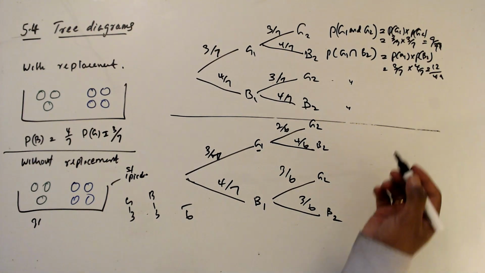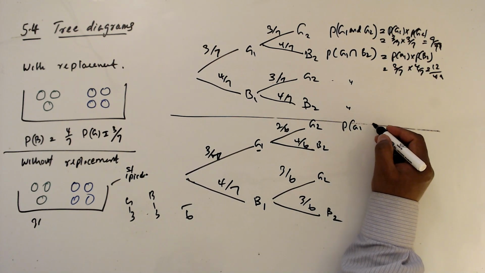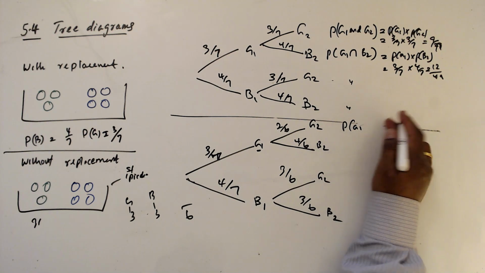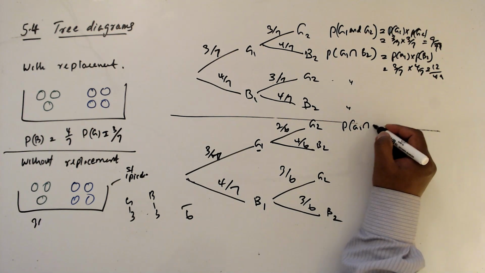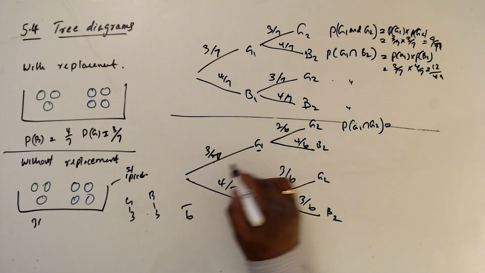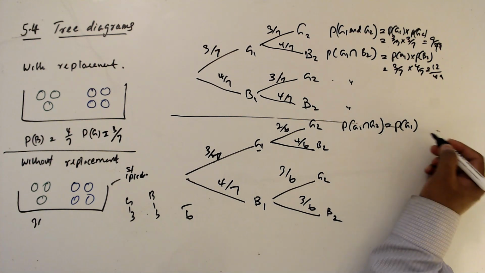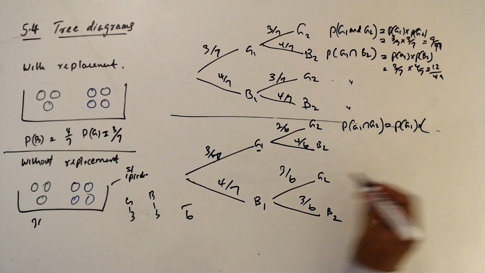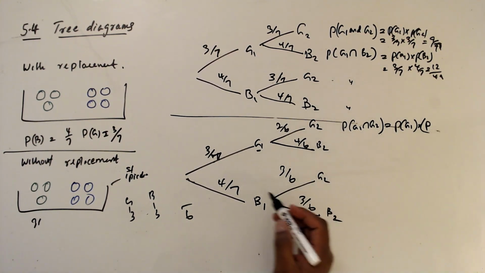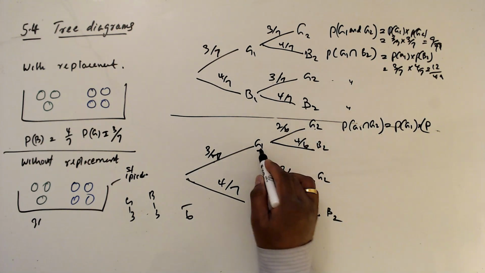Now the probability of G1 and G2, or G1 intersection G2, is P(G1) multiplied by the probability of G2 given G1.